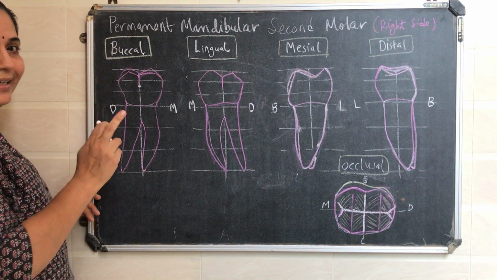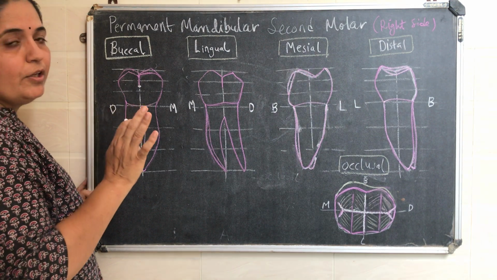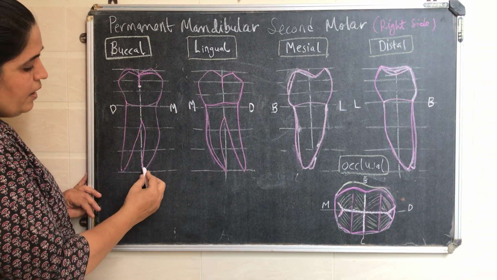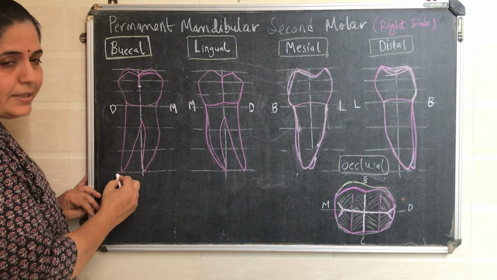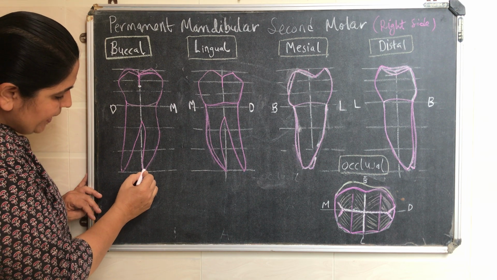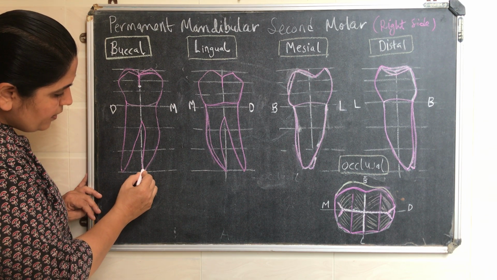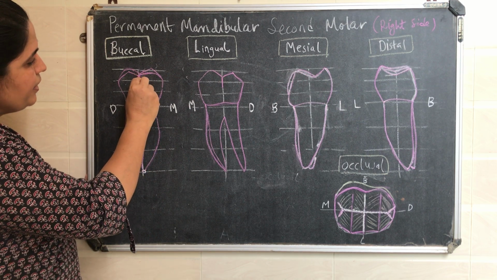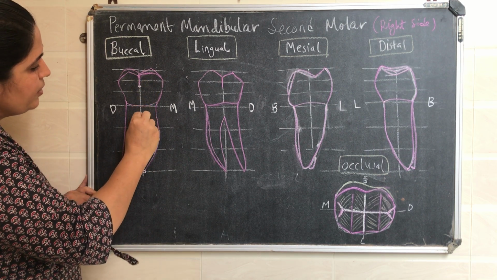Right? So that is again the difference between the first molar and the second molar. As a result of more distal inclination of the roots, the apex of the mesial root is in line with the buccal developmental groove.